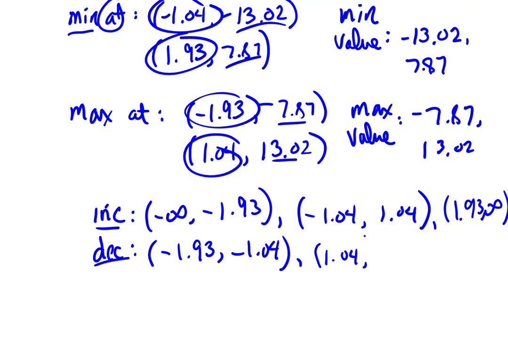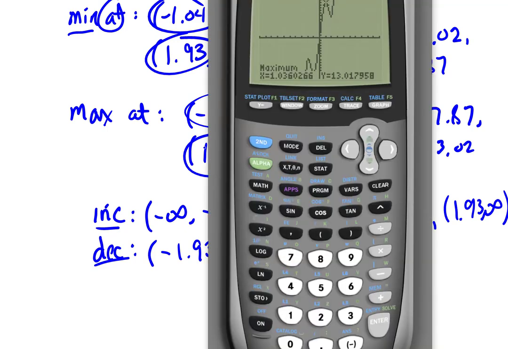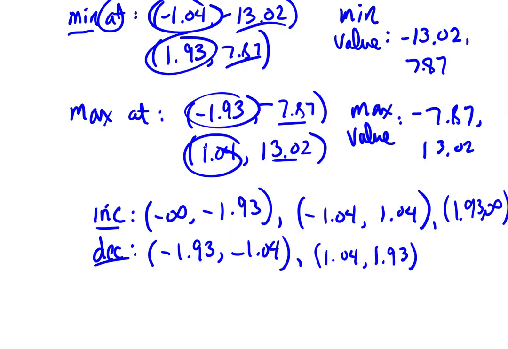The second valley would be the 1.93. Again, we're just referring to all these x values for the locations of the mins and maxes because that's where the direction changes, either from increasing to decreasing or the other way. Based on the picture, it does not appear that the graph decreases anywhere else, which means that should do it for intervals of increasing and decreasing.